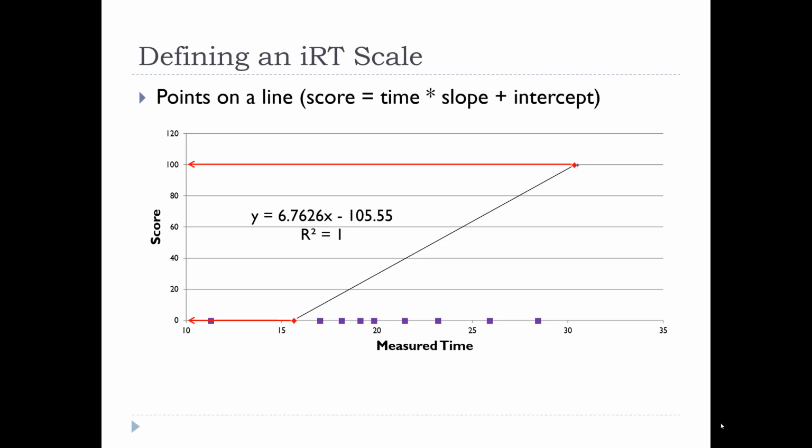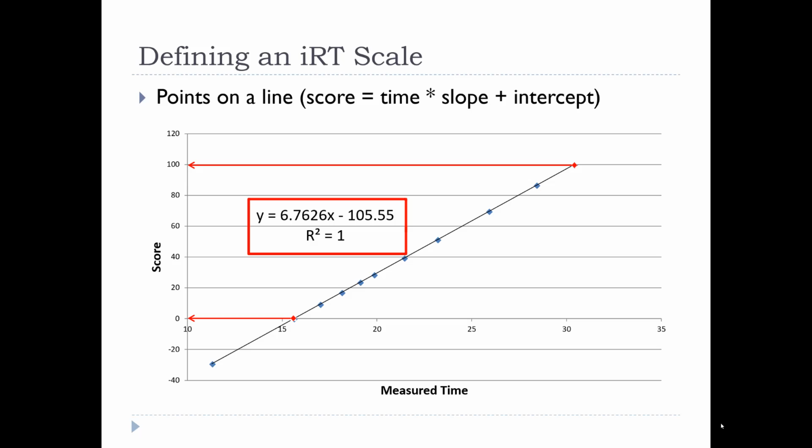And now I can take the measured times of all these other ones and put them on this line. I can give them scores with that equation. So here you go. I just calibrated the scores for all of the diagnosis IRT peptides based on that equation.